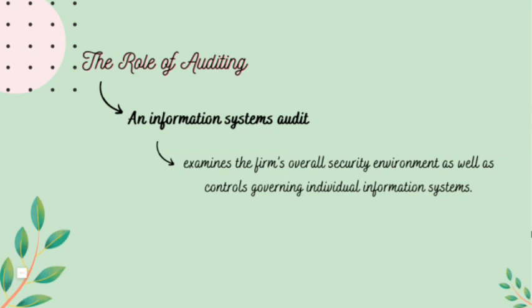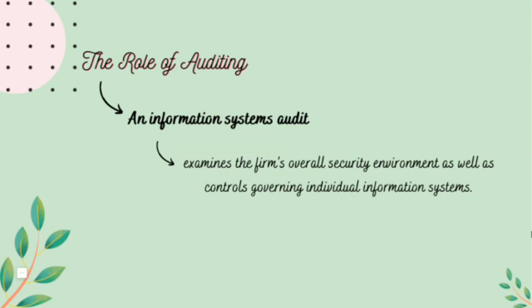And the last topic is the role of auditing. When we run a firm, we must know how management knows that information systems security and controls are effective. To answer this question, organizations must conduct comprehensive and systematic audits.